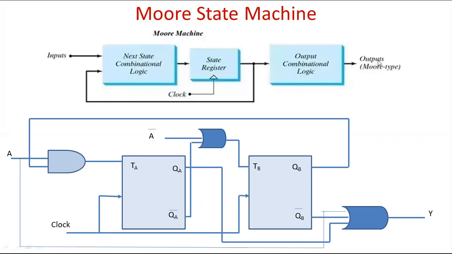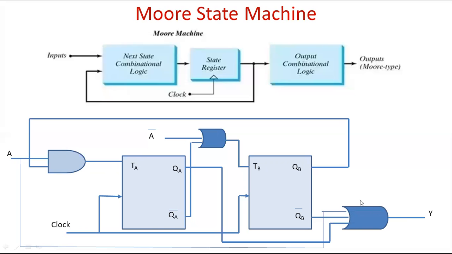These two circuits are the next state combinational logic, where the input is A. This is our next state logic, and this OR gate is the output combinational logic.